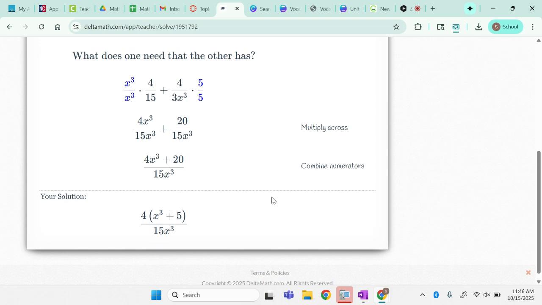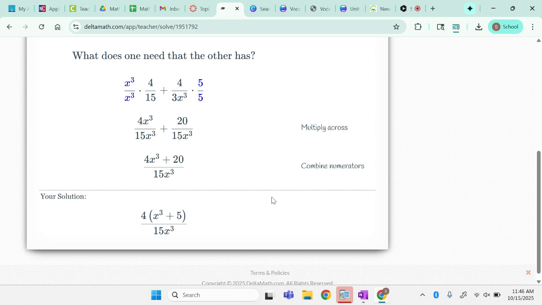So all they did was they distributed the 4 back. That's the only difference. But as long as you get to its simplest form, they don't really care if you distribute it back. And remember, I don't care either. I just want it in its simplest form. If you distribute it again, that's fine. Or if you use 15x cubed, you can do that too.